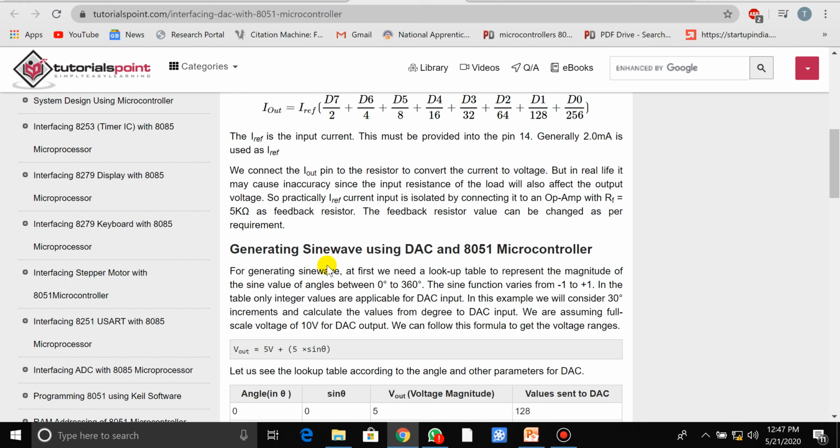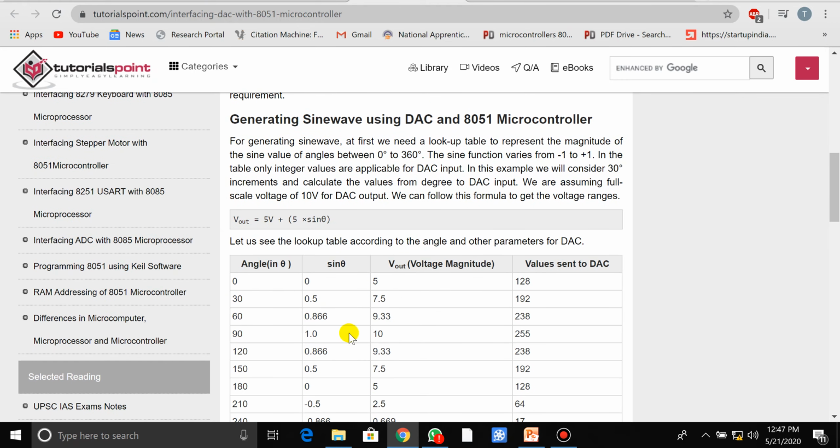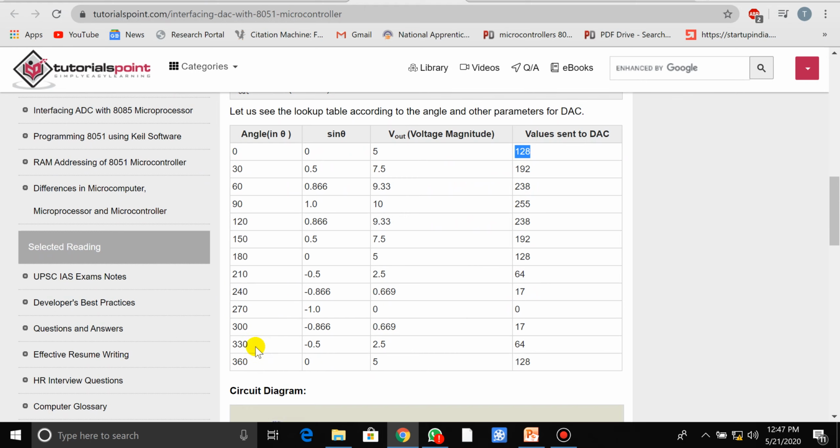So we are going to generate a sine wave using DAC. Here we are going to give the angles like this, 0. So sine theta, V out will be in the form of voltage. If you convert those values into decimal, you will get these values, that is 128, 192, 238. With respect to this, we see the angles. From 0 to 360 degrees, you will have this much data.